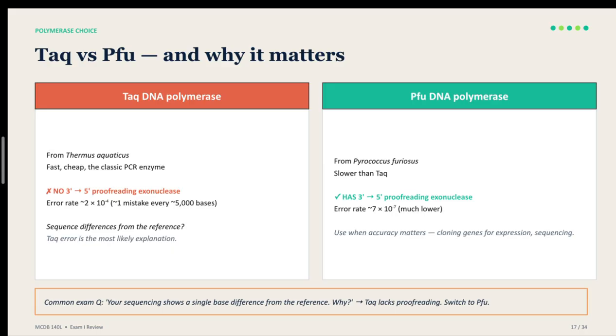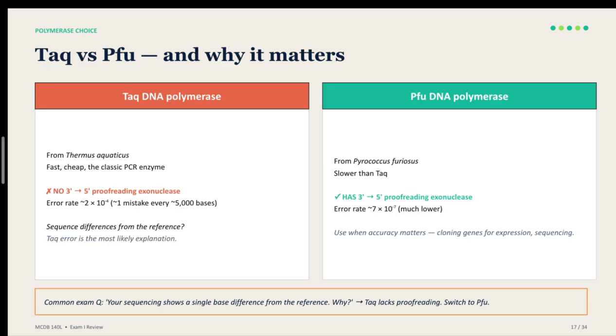It's important to note some downsides. It has no proofreading, which means that it also has a significantly higher error rate. So you should think about why you might want to use Pfu. So Pfu is slower. It has proofreading, so it has 3' to 5' exonuclease activity. So it has a significantly lower error rate, but it's also a lot slower.